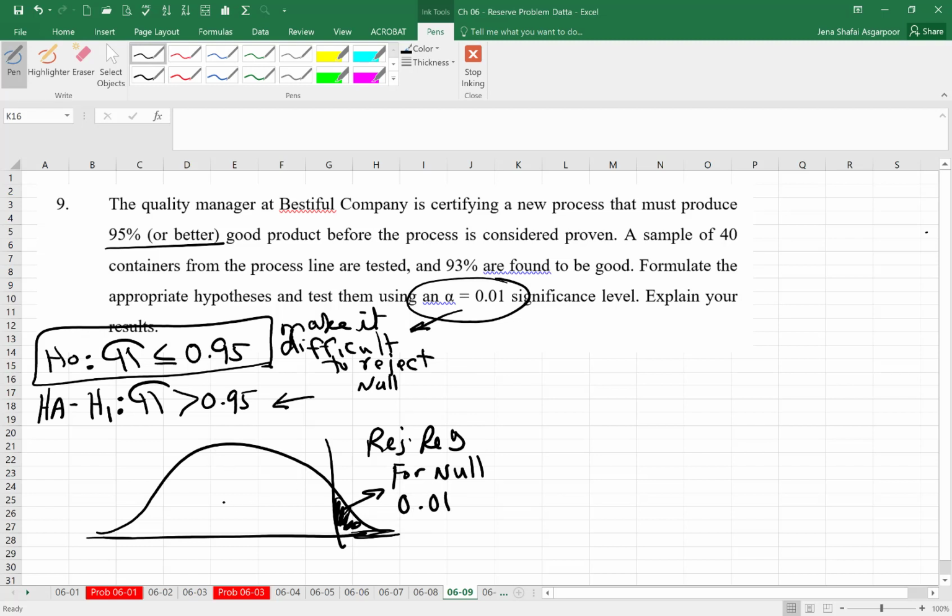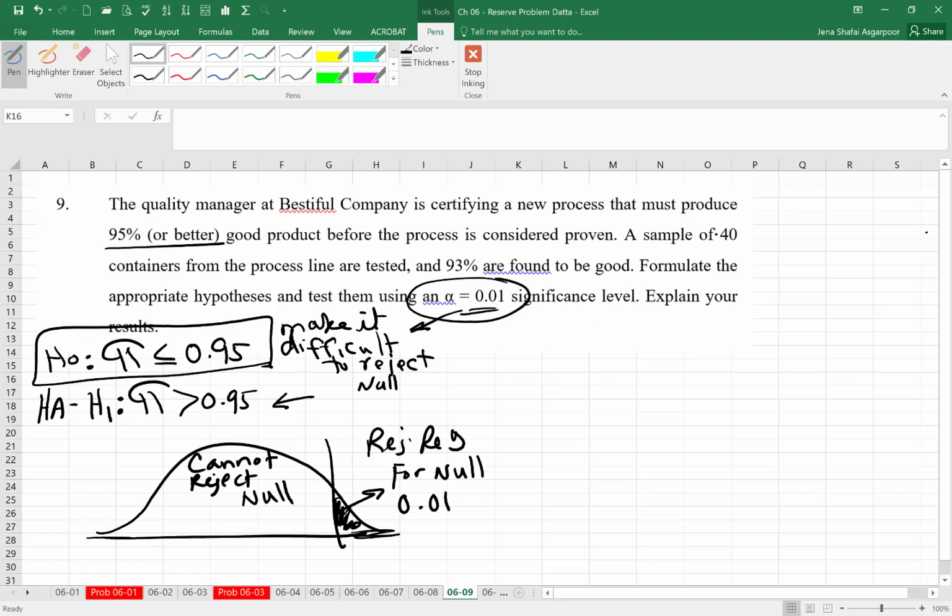So over here in this white area, we cannot reject the null. Okay, so we do this and we set our significance level first, and then we test the hypothesis.